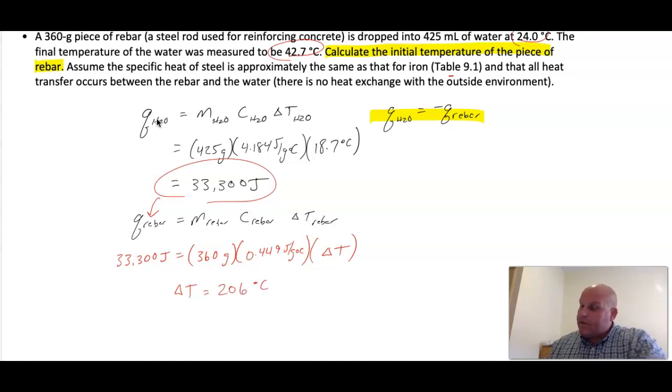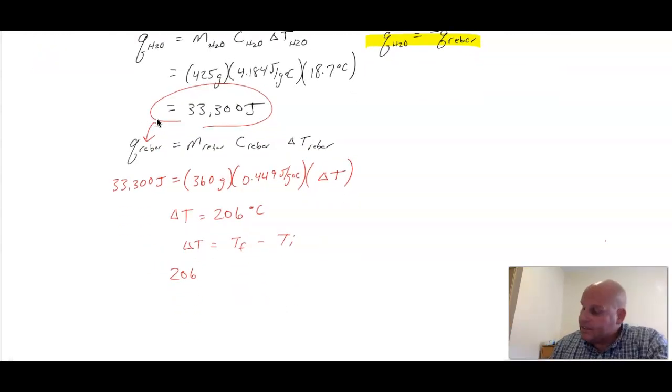So now, ultimately, the question was to calculate the initial temperature. So we know delta T equals T final minus T initial. We know our delta T here is 206. Our final temperature, 42.7. Okay, here's another key concept when doing calorimetry problems. The final temperature in both situations is the same value.